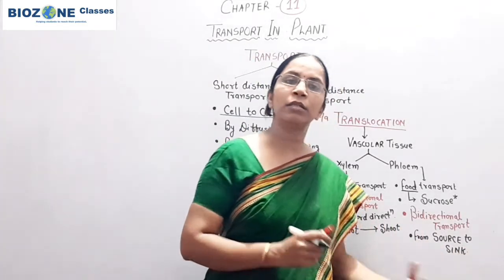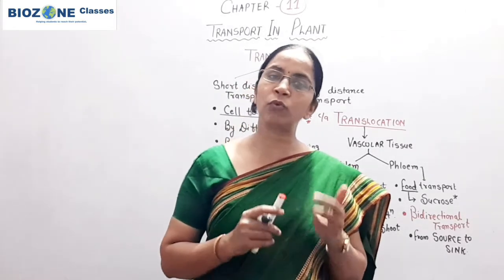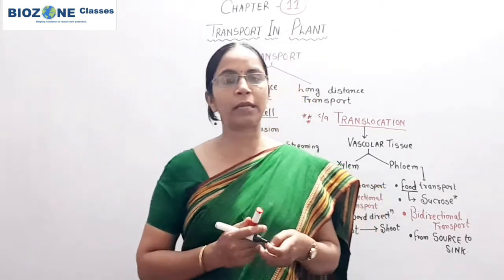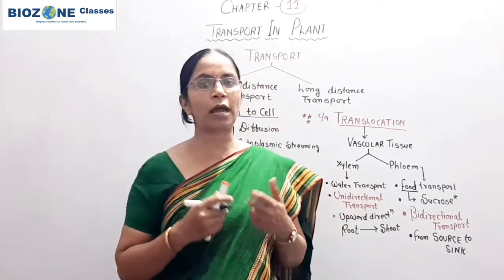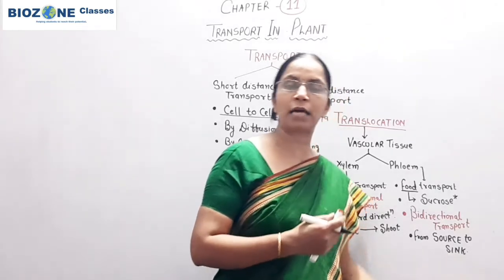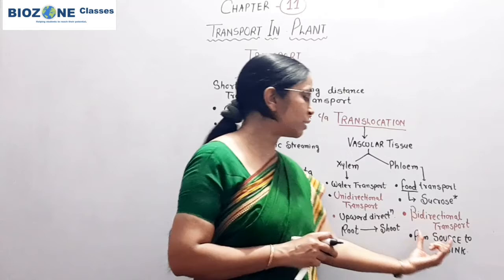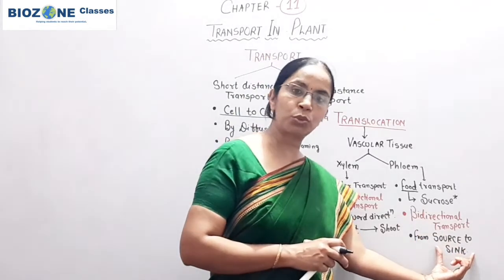And sink, the site of the plant or the organ of the plant where the food is required for metabolic activity, growth and development, those sites of the plants are called as sink. Because of that, the food always travels from source to sink.